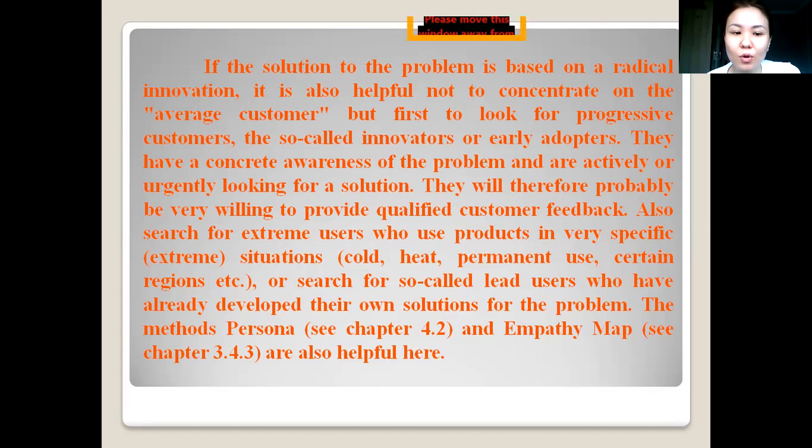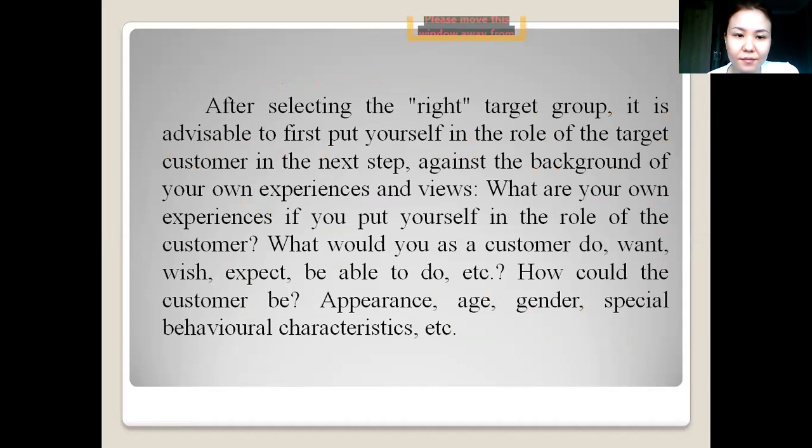They will therefore probably be very willing to provide qualified customer feedback. Also search for extreme users who use products in very specific situations, or lead users who have already developed their own solutions for the problem. The methods persona and empathy maps are also helpful here.